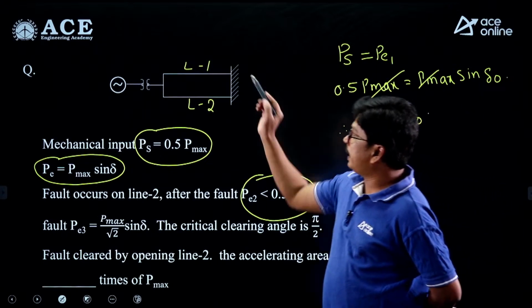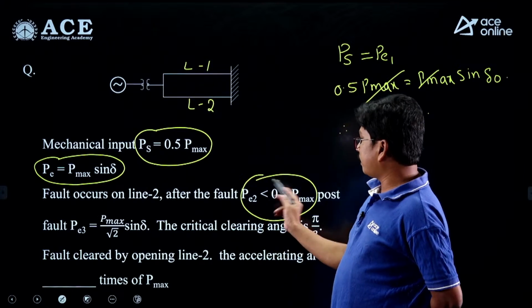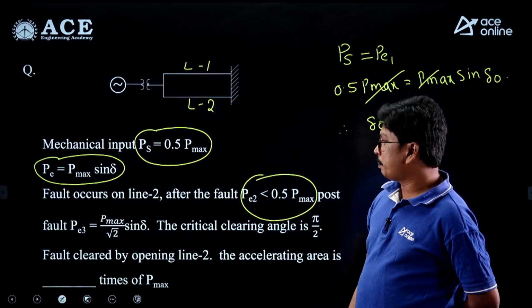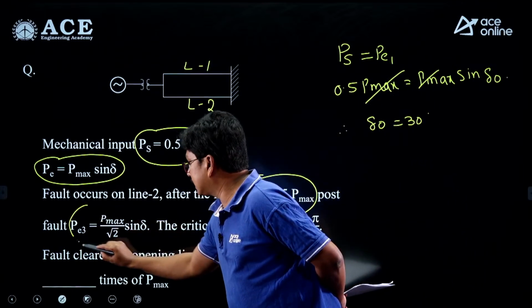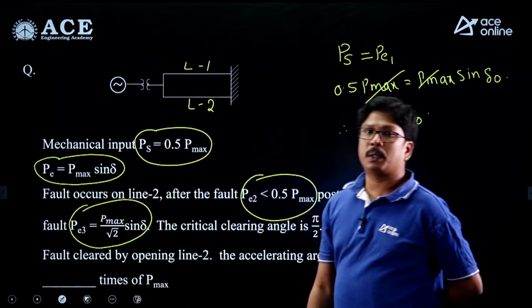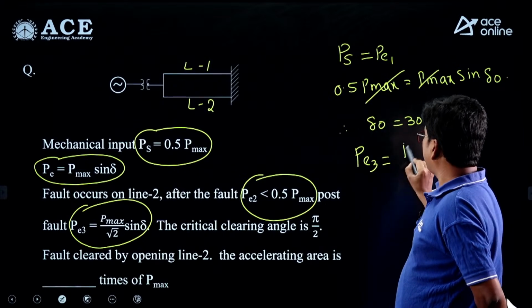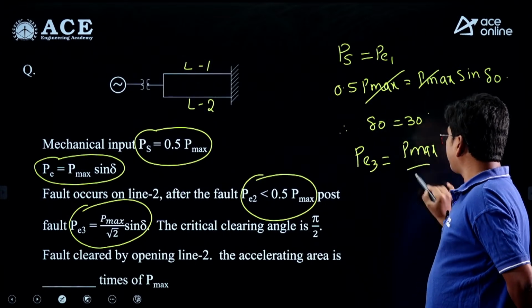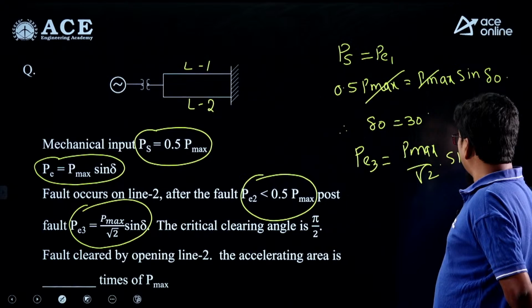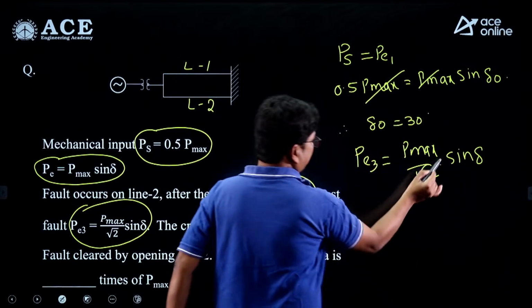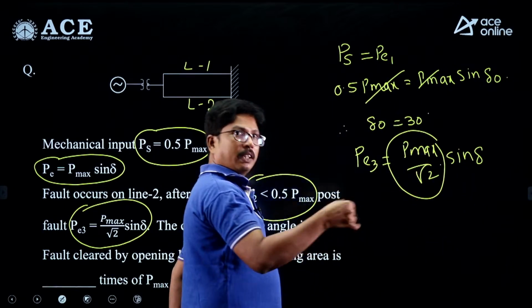After that, the fault occurs on line 2, and after the fault Pe2 is less than 0.5 Pmax, and Pe3 is Pmax divided by root 2 into sin delta. From this equation, this is the maximum power after the fault.